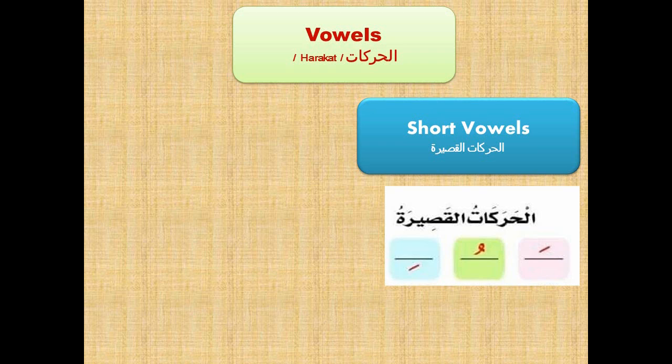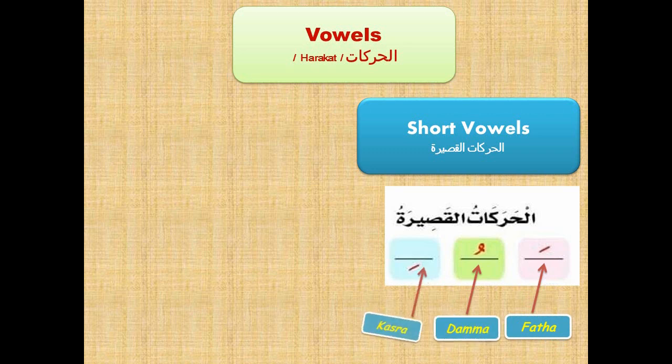Damma, the same thing, is like a Waw above the letter. And Kasra is under the letter. So we call the first one Fatha, the second Damma, and the third Kasra.